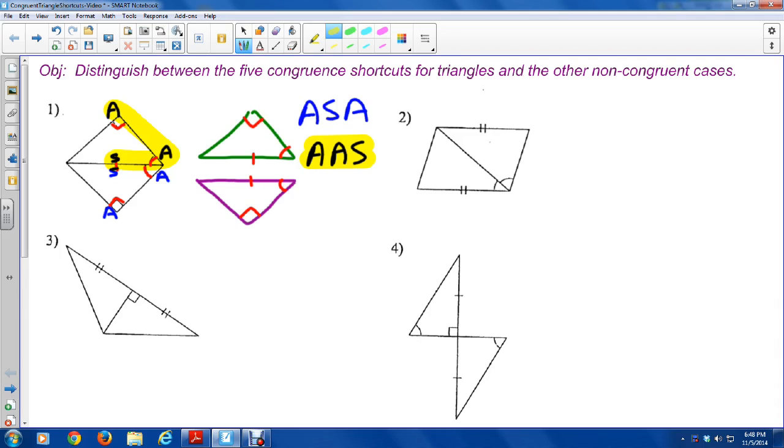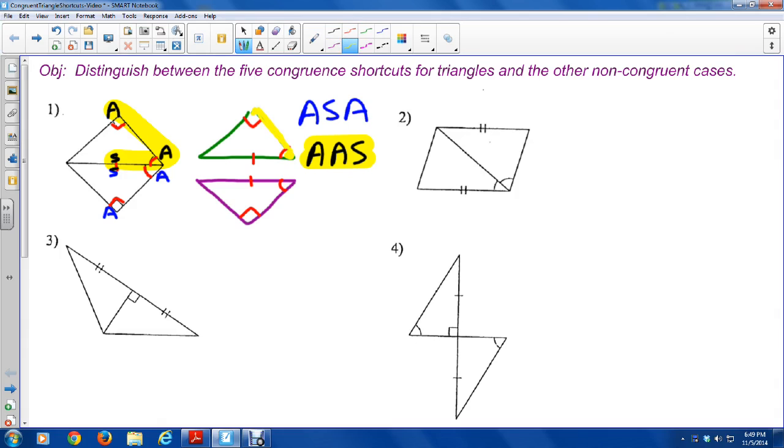The other way to think of it, because sometimes it's hard to know which direction to go and where to start, I always like to look for the included side. So personally, I would look at my picture and say, okay, I'm looking at this top triangle that's green, and I'm going to be looking at my 2 angles that are congruent, and I'm just looking at the side between them, and the side between them is the one that I just highlighted in yellow.